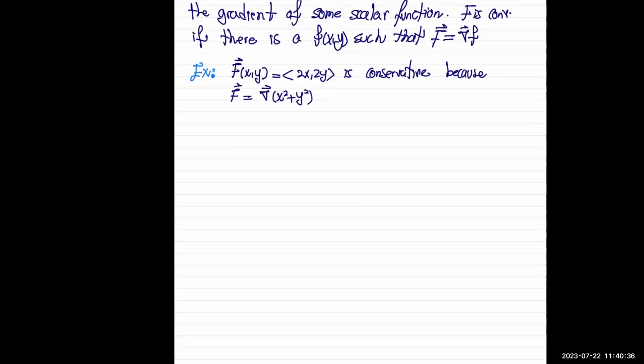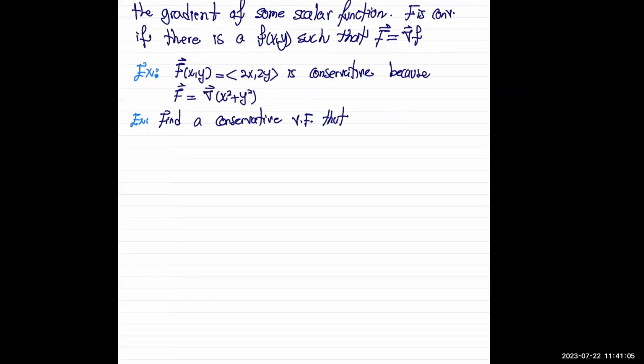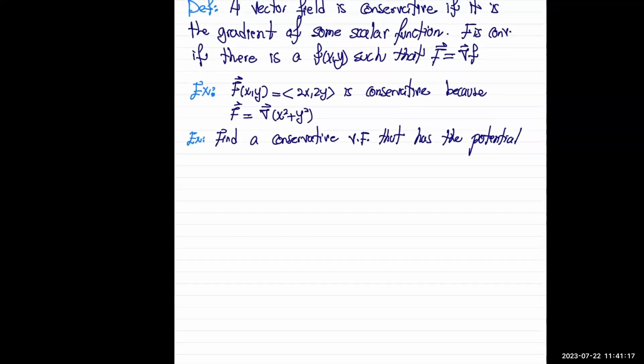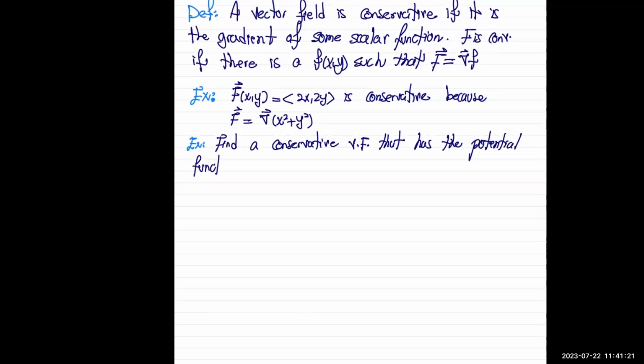All right, so a question could be asked in section 16.1: find a conservative vector field, and if you don't mind, I'm going to abbreviate vector field using VF, that has the potential function f of x y z equal to x squared plus 4y squared plus 16z squared.